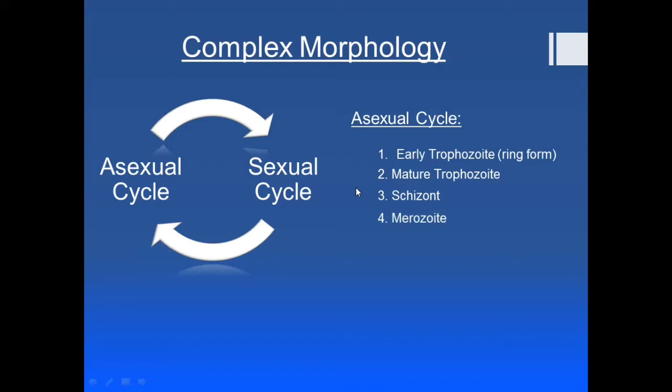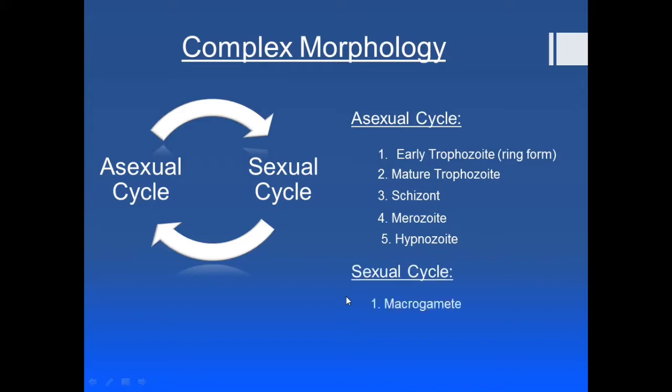The schizont will burst and the merozoites will be released into the blood. Some of these merozoites will again enter the liver and cause a relapse infection; those are called hypnozoites. Other merozoites will cause lysis of other RBCs and continue the infection, whereas some will convert into gametes and start the sexual life cycle.